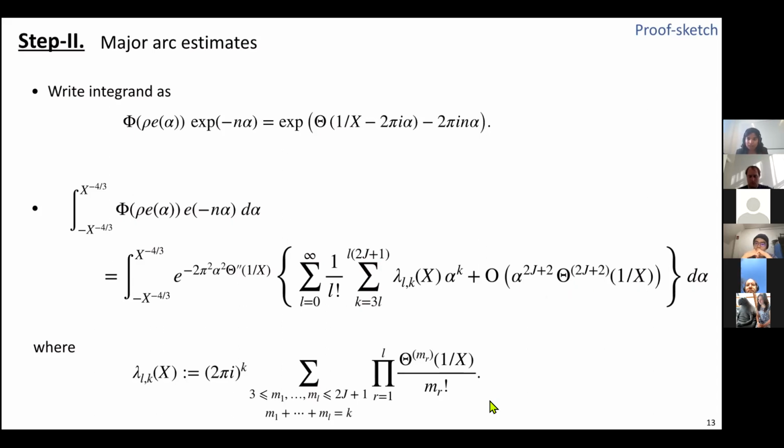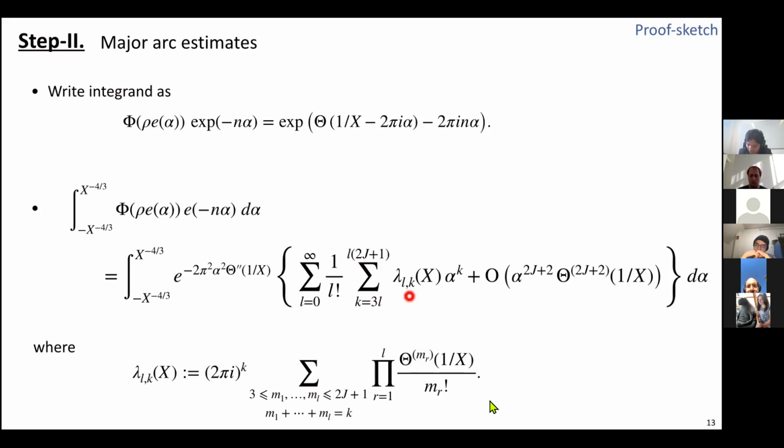Right now, you can't really see that this is actually an error term, because you don't see that the asymptotics for this will be smaller than what you would have here. But trust me, I'm sort of giving you the answer now, this will end up being the error term.